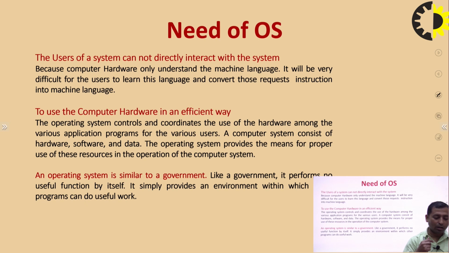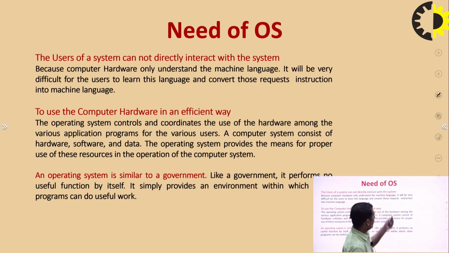If we deal with the machine directly, the machine understands 0 and 1, so we will instruct the machine in the 0 and 1 form. This is very difficult. So how to ease this problem? By using some software that is named as operating system. So this is the first need of operating system.